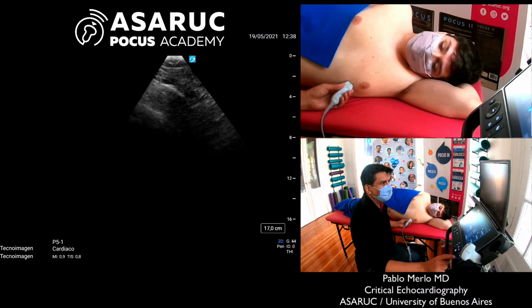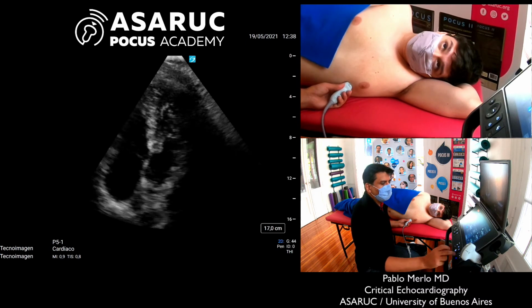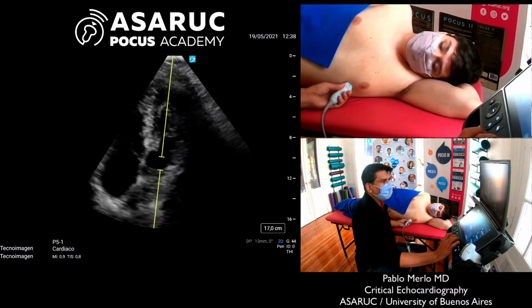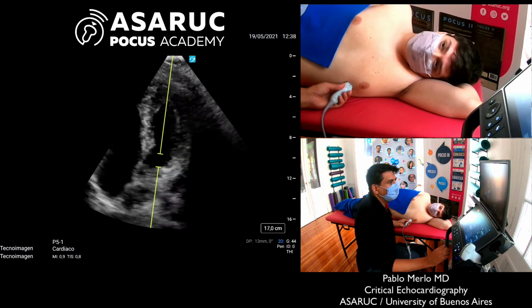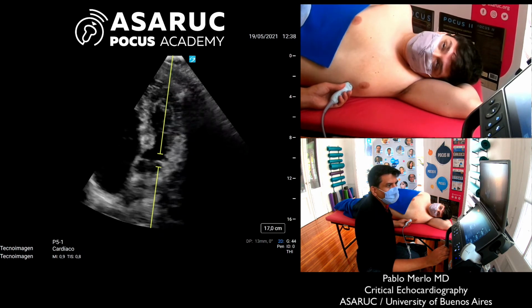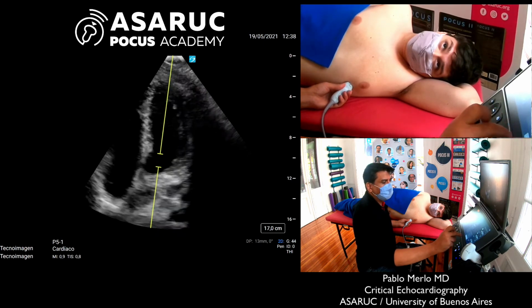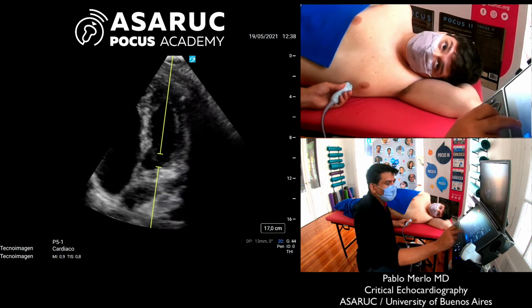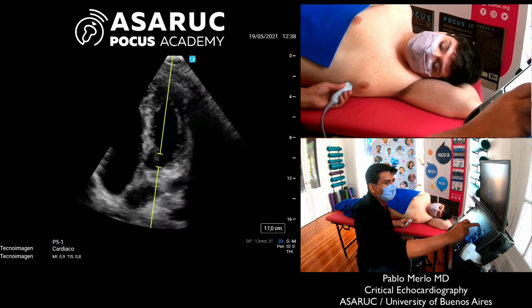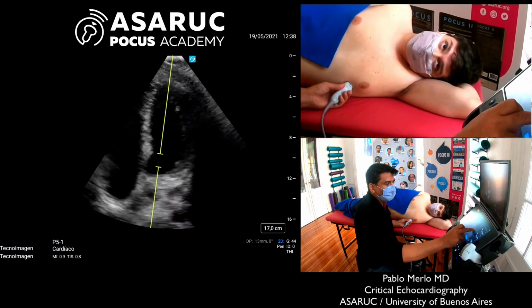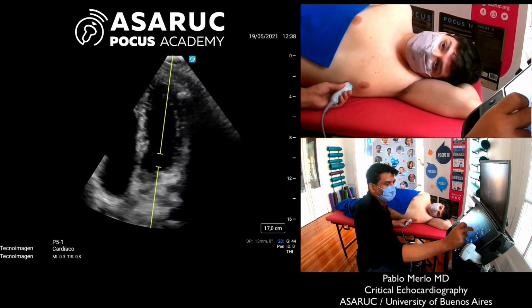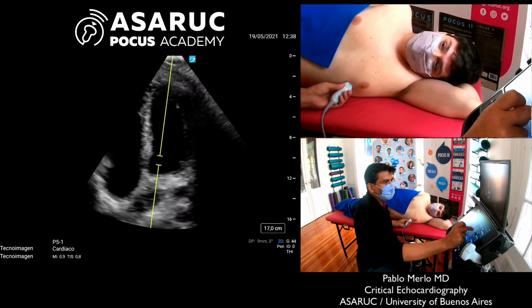Some devices can automatically obtain the aortic VTI, which is very useful to get mean values quickly, especially when the patient has arrhythmias such as atrial fibrillation.